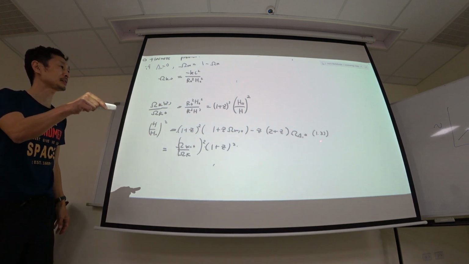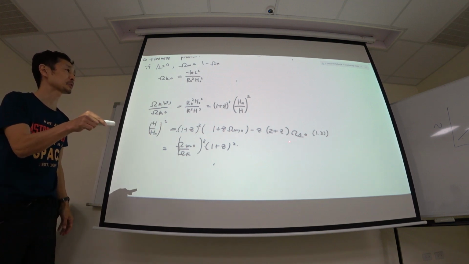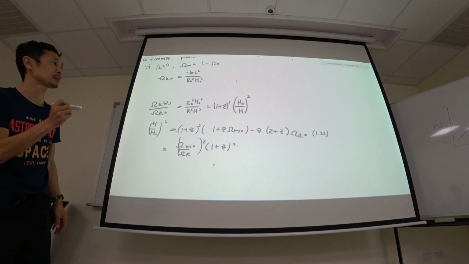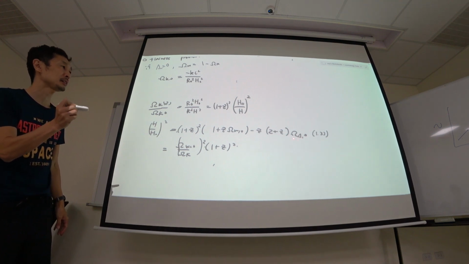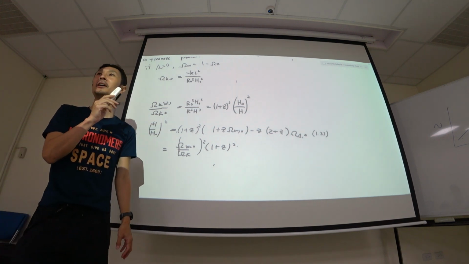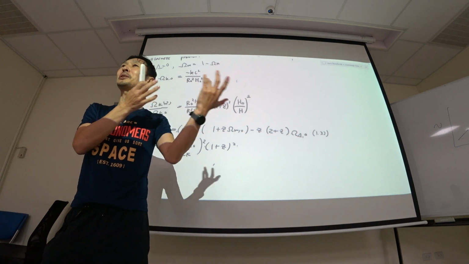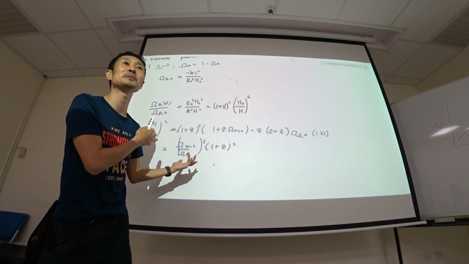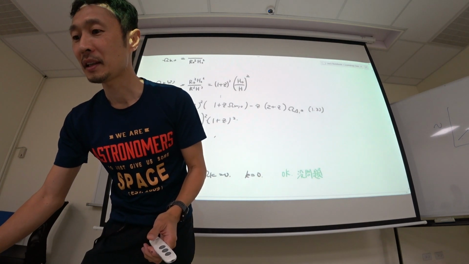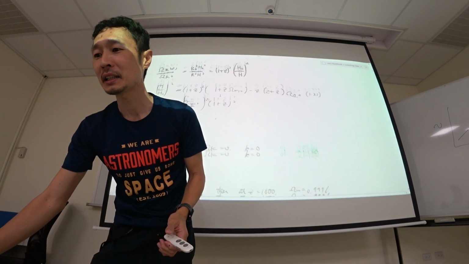We wrote it down with cosmological parameters. Now we have parameters: omega lambda and omega matter, the amount of dark energy and dark matter. And now you are God of the universe. You can describe the universe with this equation. We'll see.